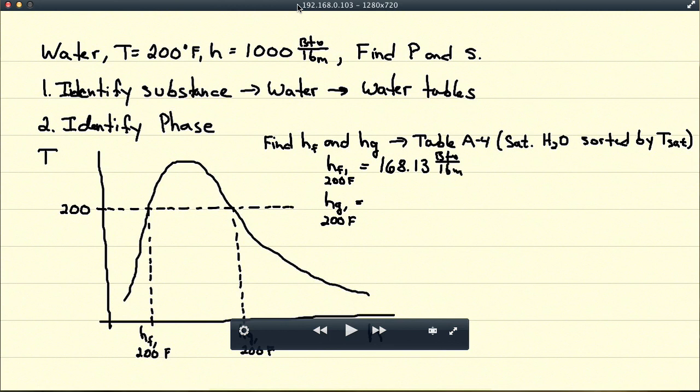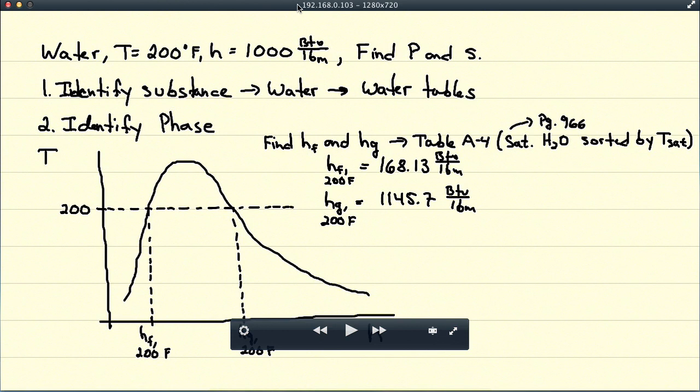And our saturated vapor specific enthalpy at 200 degrees Fahrenheit is 1145.7 BTU per pound mass. By the way, if the page numbers are lining up between my page numbers and your textbook page numbers, I was looking on page 966. Again, hopefully the page numbers are lining up, and that's helpful for you.